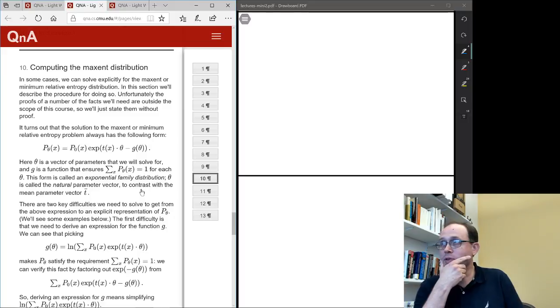So if you remember the Maxent distribution, we had fixed ourselves a vector of features that we were going to use for the examples. So if the examples were real numbers, that might be x and x squared. And we defined moments, which are the expected value of those features. We might want to construct a distribution with a particular value for those moments.